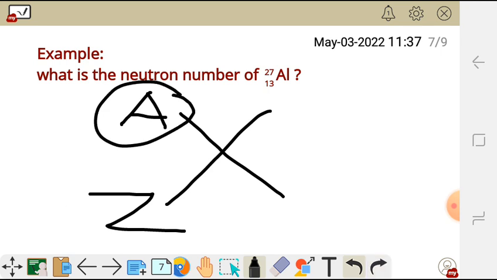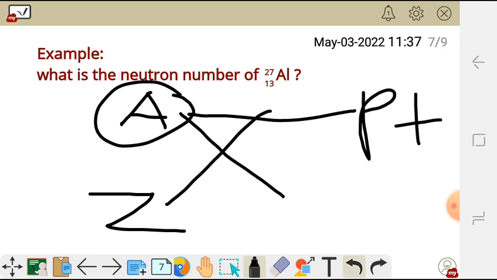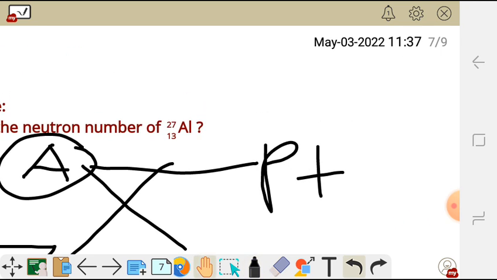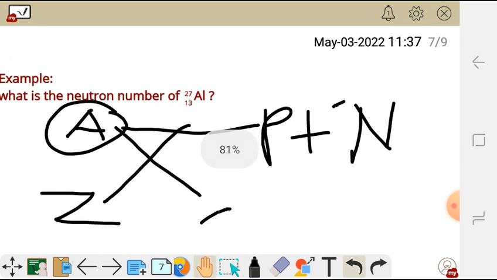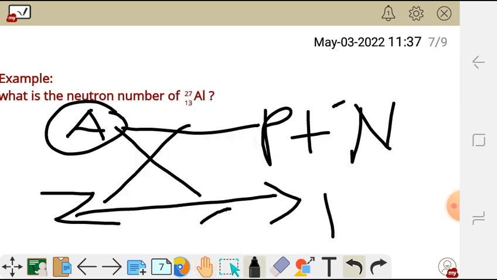So the nucleus comprises the protons and the neutrons inside. But this Z here is simply the proton number.